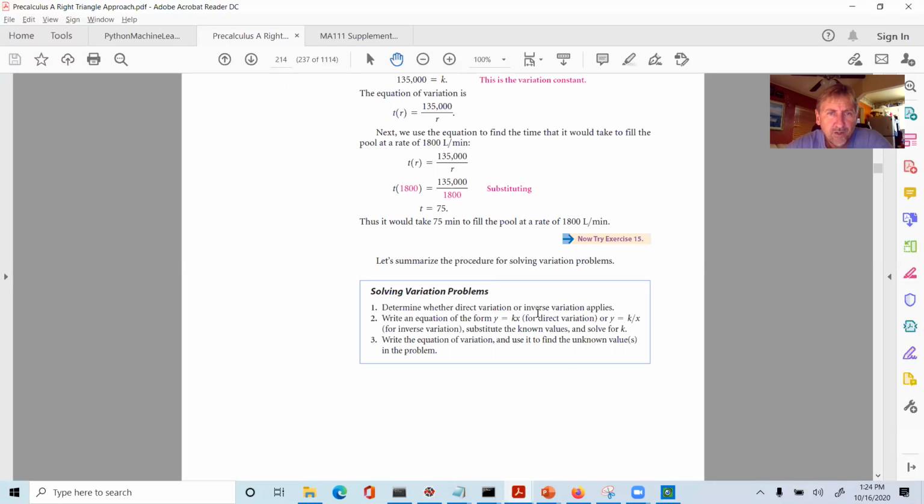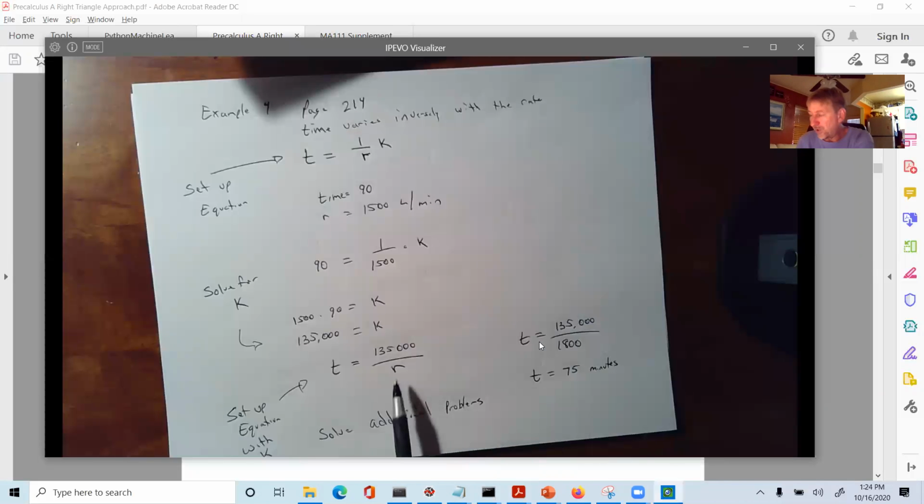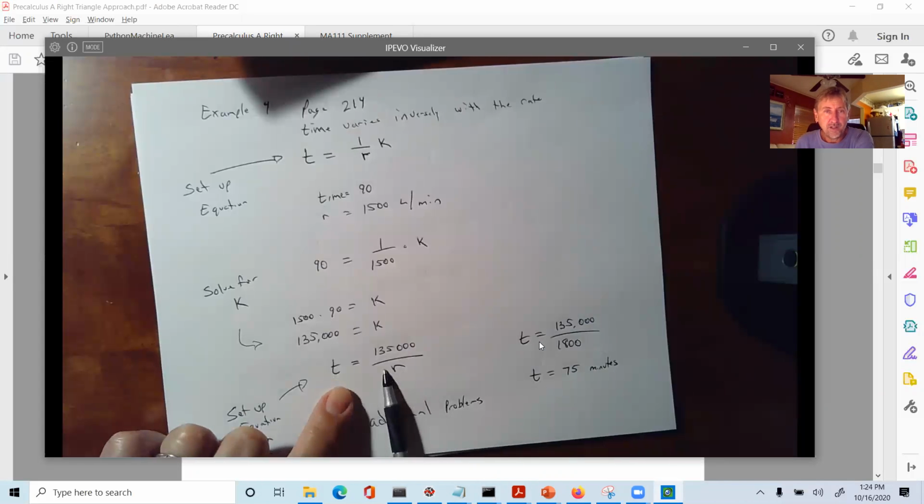Then you're going to write an equation in the form y equals kx or y equals k over x for inverse variation. Substitute the known values and solve for k, and then write the equation of variation and use it to find the unknown values in the problem. So they do want you to plug in that variation constant once you know what k is, right, they're going to call this the variation equation.